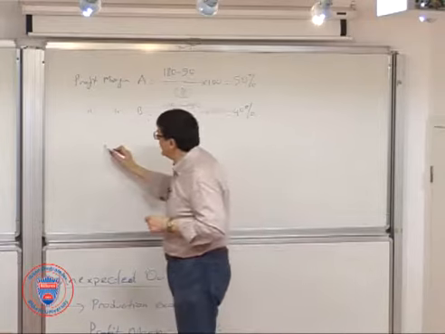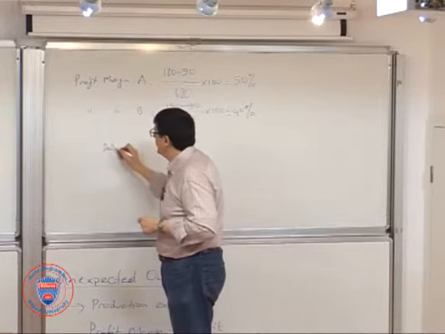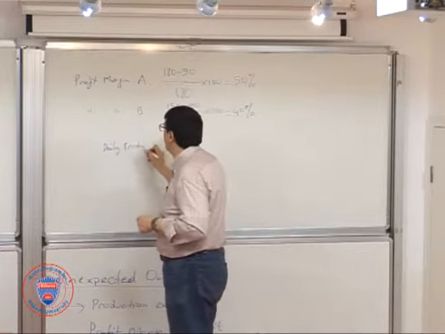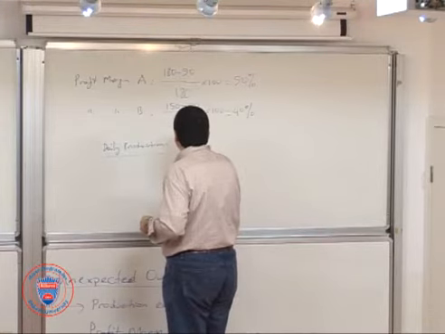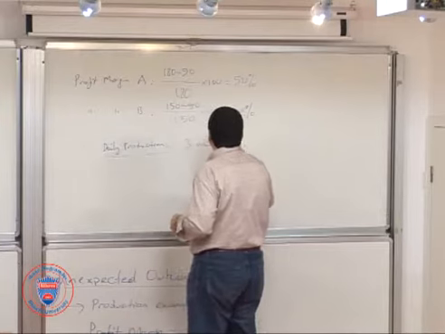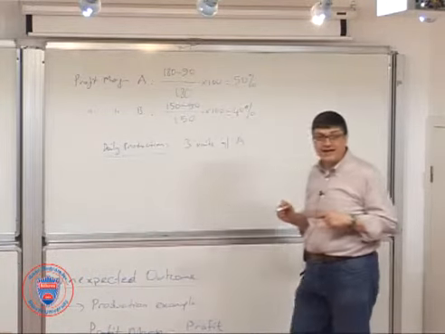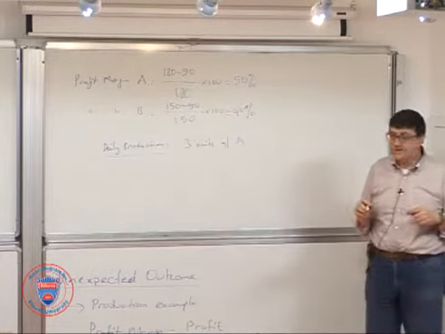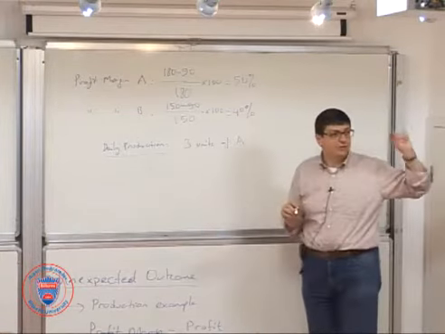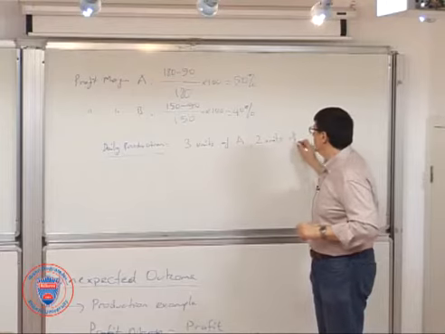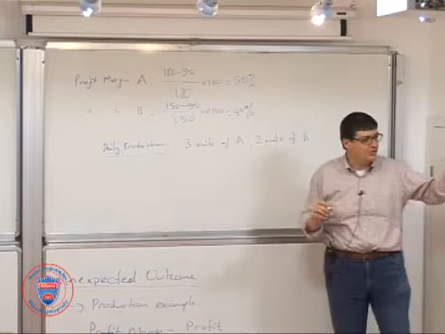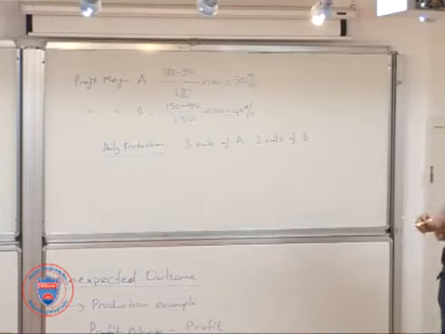So it means that daily production will be 3 units of A. And how long will it take? 3 units of A? 6 hours. So I will have remaining 2 hours. And so this is going to be 2 units of B. With the remaining 2 hours, I'm going to manufacture 2 units of B.